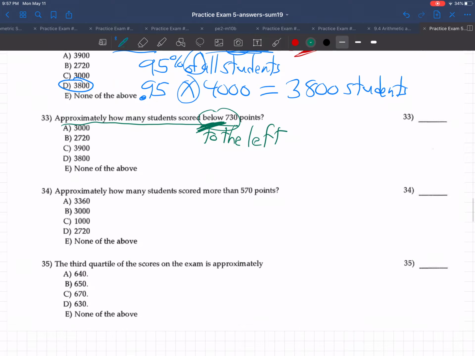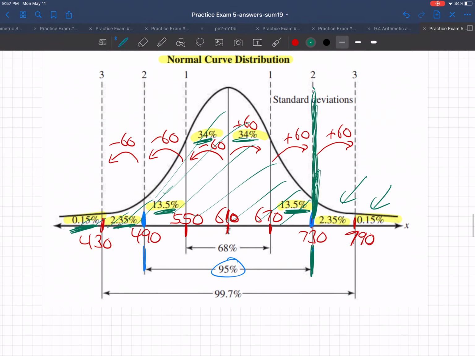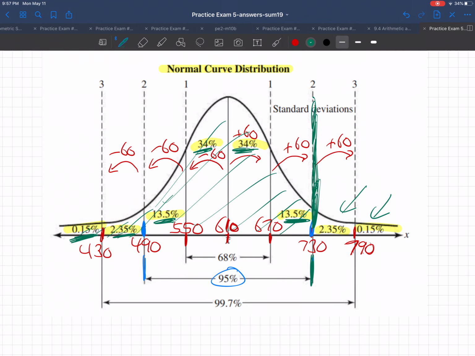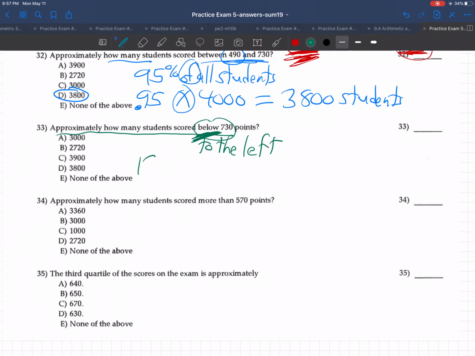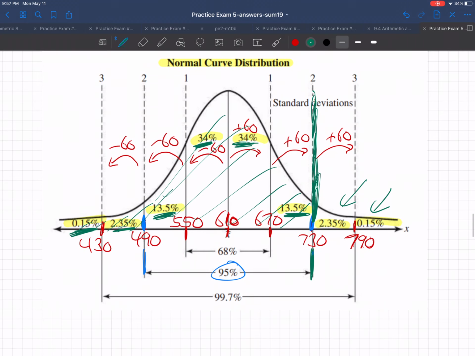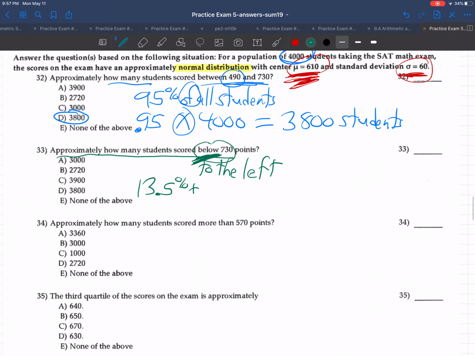So let me just do it the long way. Maybe make more sense for you. So I'm just going to add up all these numbers to the left. So if you take those numbers out, it's going to be 13.5%, right? Plus 34 plus 34 plus 13.5, plus 2.35%, plus 0.15%.